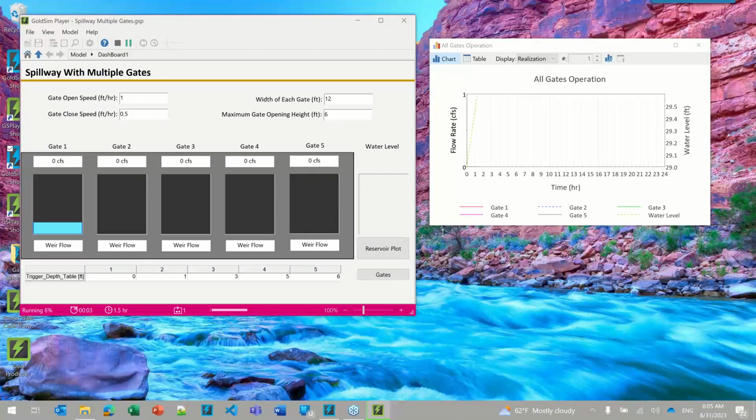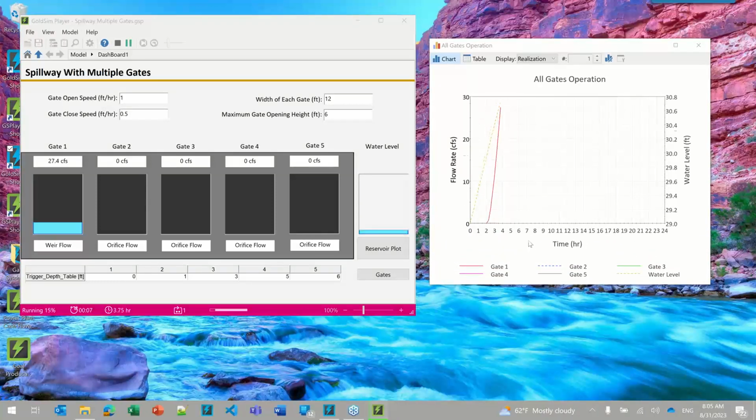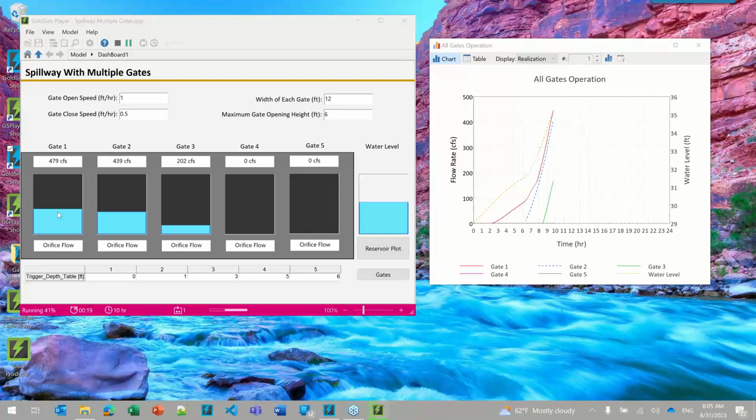And over here on the right is a chart of the flows through each of the gates. They're different colors. The dashed line is the water level, just for reference, this orange dashed line. But these other colors represent the flows through each of these gates. And you can see that these are opening. These are just the thermometer controls in GoldSim, and I just have the colors set to blue and black.